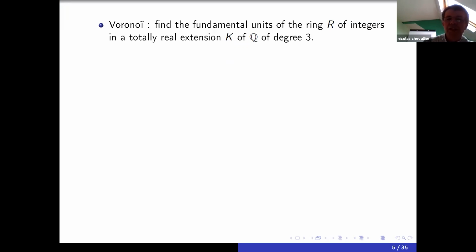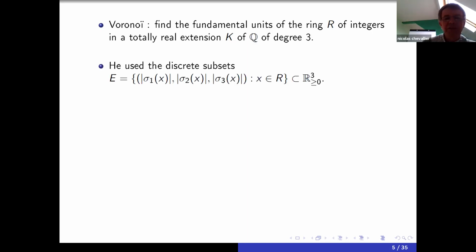Voronoi used this algorithm to find fundamental units in the ring of integers of a cubic extension of Q. He used the previous algorithm with the set E defined as follows, just this set, where sigma 1, sigma 2, and sigma 3 are the three embeddings of the cubic field in R, in fact, because it must be a real extension here for this algorithm.